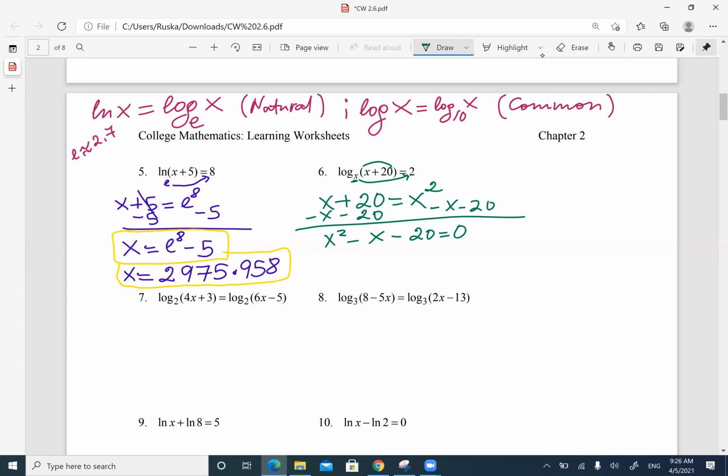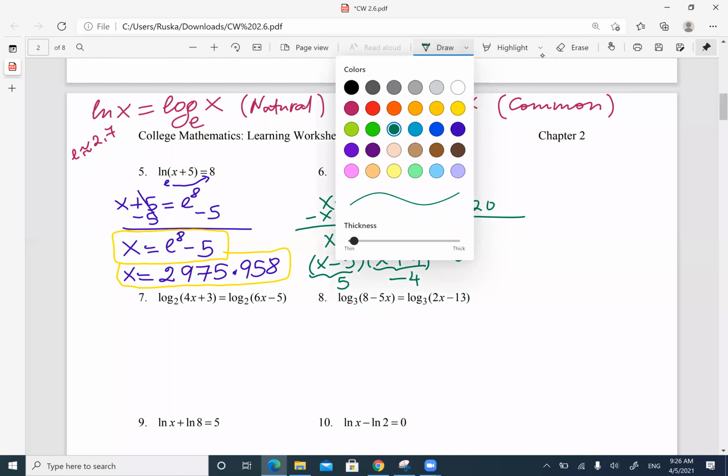Okay, and then you're going to factor this, so it's going to be x minus 5 and x plus 4, because we have negative 5 times 4 is negative 20, and negative 5 plus 4 is negative 1. And then from here, I'm going to solve this for 0 and this for 0. So that's going to give me 5 and negative 4. And these are my two answers.